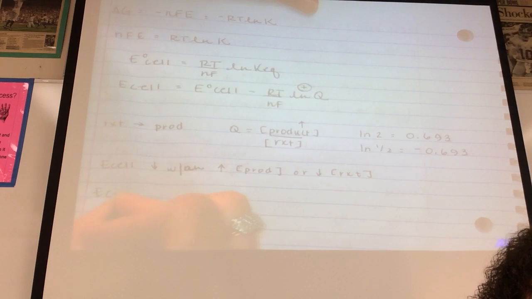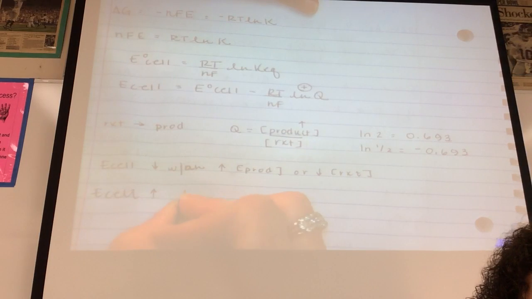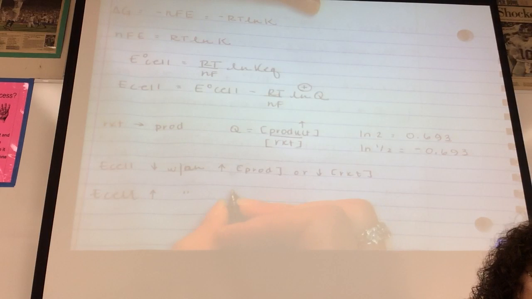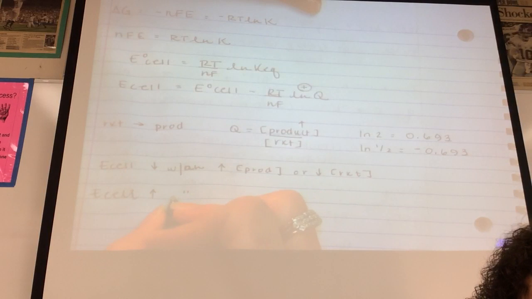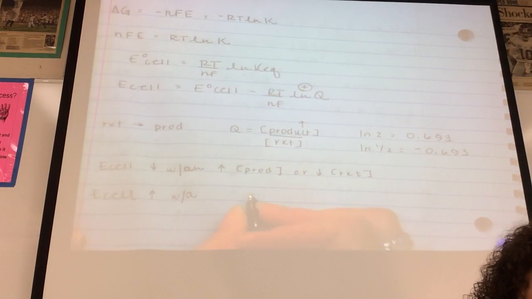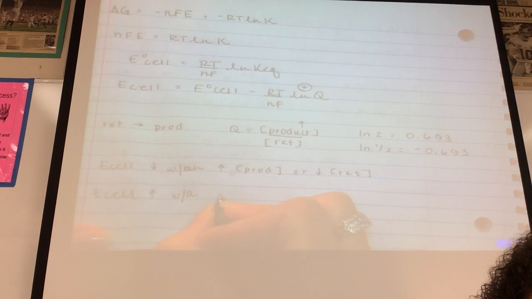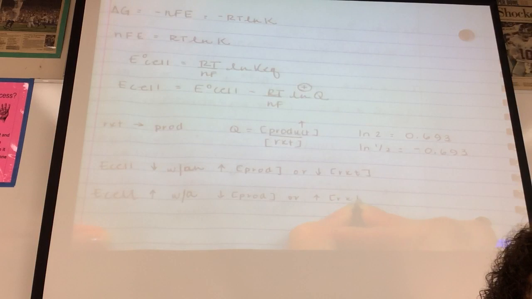So E cell increases with either a decrease in product concentration or an increase in reactant concentration.